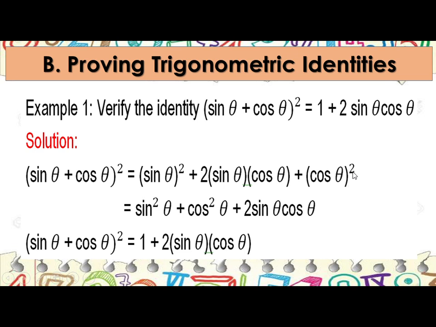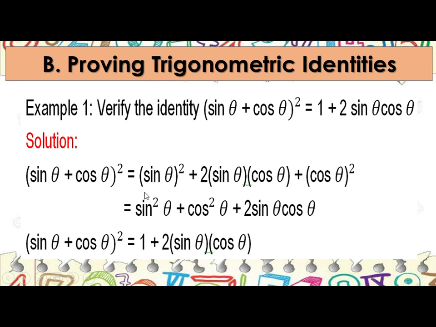In simplifying that, you will have sine squared theta plus cosine squared theta plus, copying the middle term and multiplying, 2 times sine theta times cosine theta. And we all know that sine squared theta plus cosine squared theta is equal to 1.